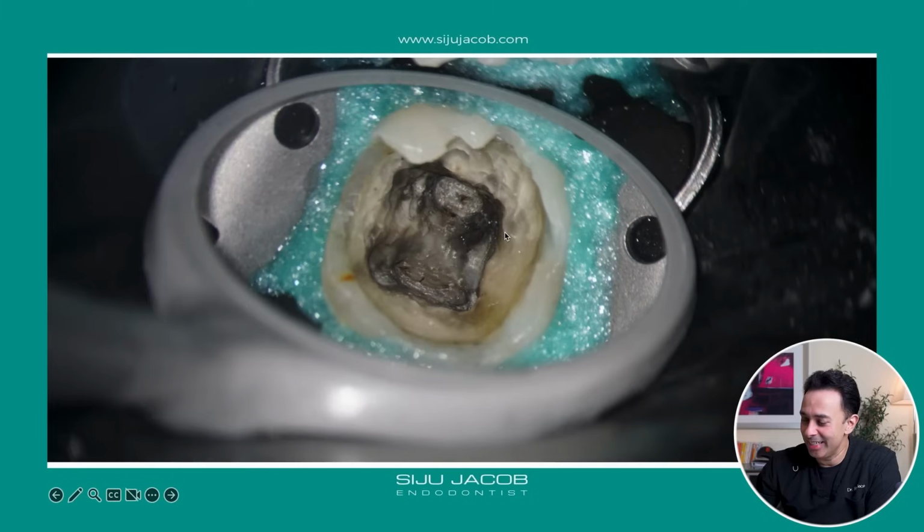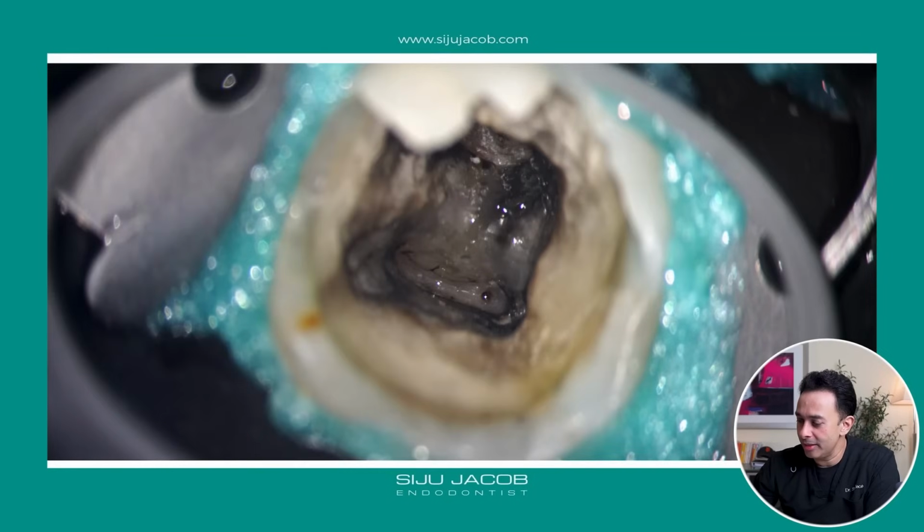So when you start cleaning this up to see what's inside, this is what we saw. And it's pretty amazing how the pulp that you saw in the previous picture stimulates reparative dentine formation here. So mesially, the reason why the patient came is because he had some discomfort.